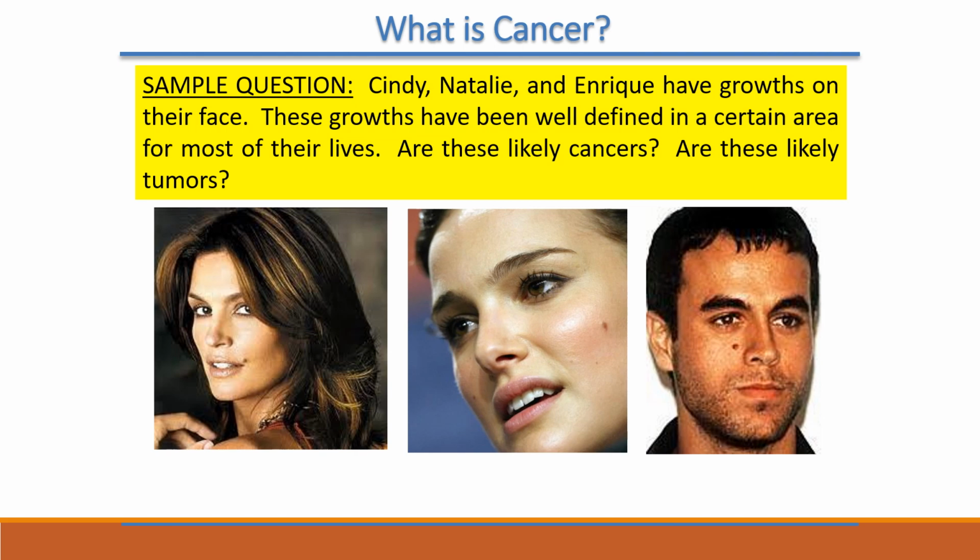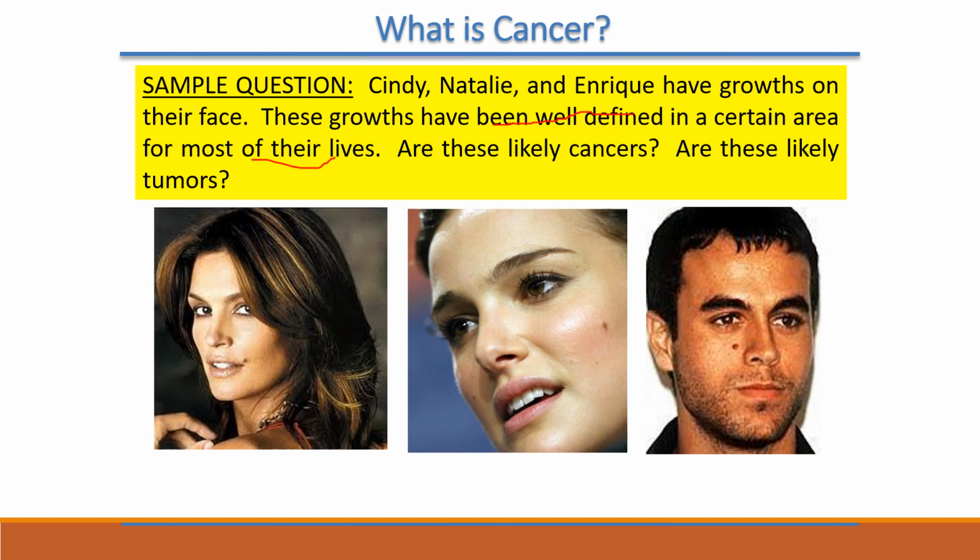Okay, so the answer is pretty easy. As in the question, they said that they have been there all their life, that they are well defined. Based on that information, the most likely answer is that they are not tumors and that they are not cancer. However, we don't have enough tools.